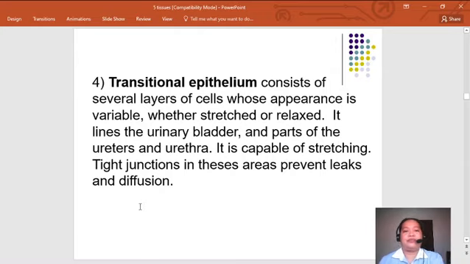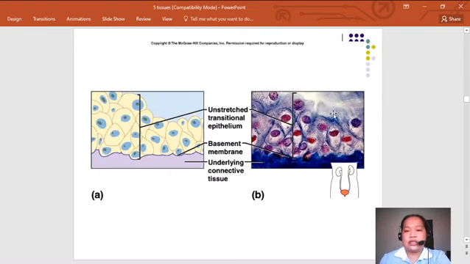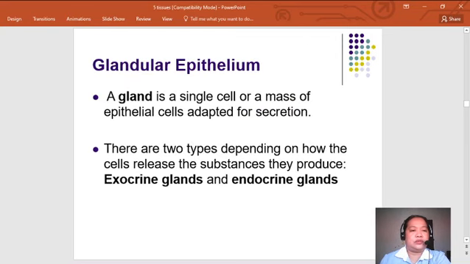But if the contents of the bladder have been excreted, then the epithelium will appear flat. So that is what the transitional epithelium looks like. This is the transitional epithelium, mostly found in the urinary bladder.